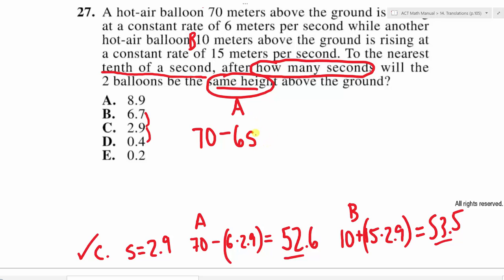And I'll use an S for the seconds. That's what we did actually down here in the Nydus. And that has to be equal to B's height, which can be translated into 10 meters plus 15 meters per second. 15 meters per second would be 15 times the number of seconds, in the same way that 6 meters per second, to get the total number of meters fallen, we would multiply the rate by the number of seconds.